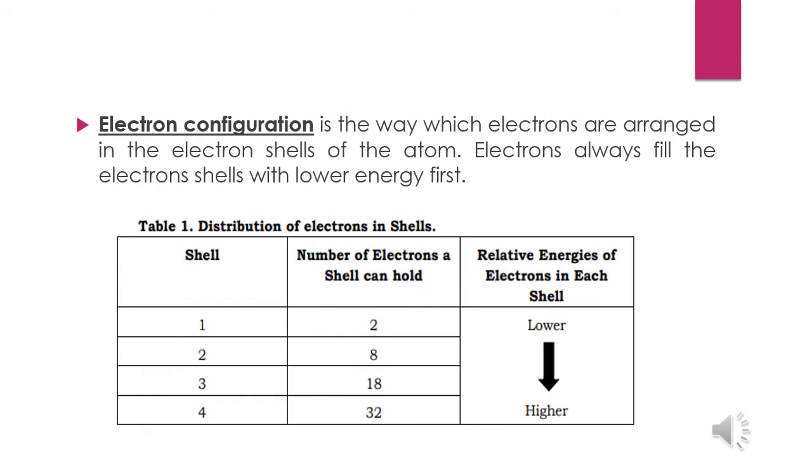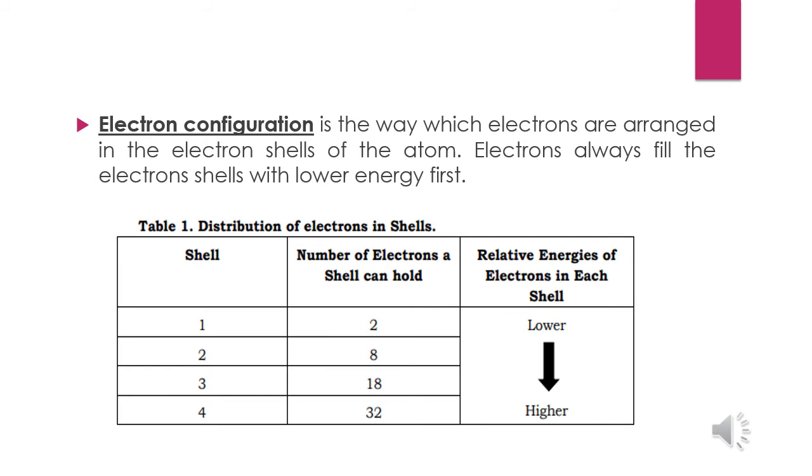Electron configuration is the way in which electrons are arranged in the electron shells of the atom. Electrons always fill the electron shells with lower energy first. Table 1 shows the distribution of electrons in shells. We have shells 1, 2, 3, and 4.